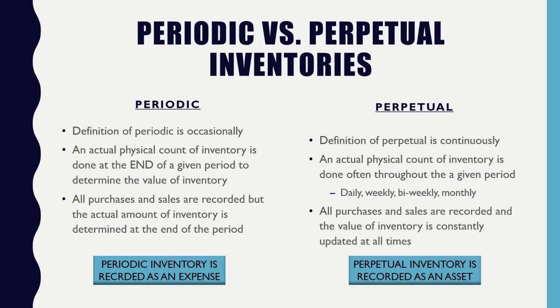But if it's something that you're constantly making purchases of, constantly selling, one of your top selling items in your store, then you may want to consider perpetual, because you keep on selling that item, and you want to make sure that you have enough inventory in your warehouse to be able to sell those items to the public.